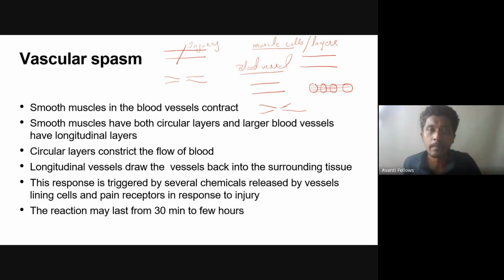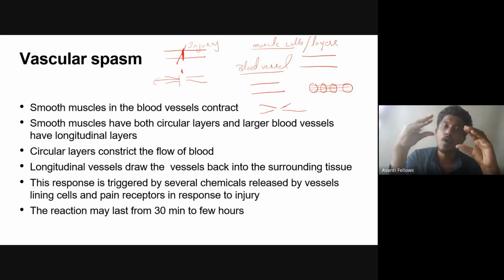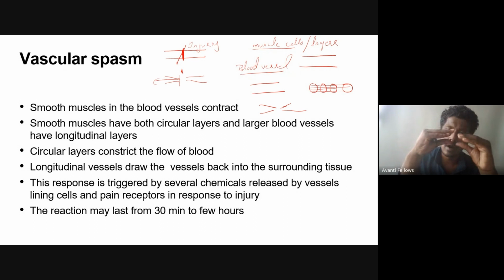Second thing, look here. This was the site of injury. Now look how the blood vessels have moved backward. At the site of injury, the blood vessels move away from the site of injury. So what happens in vascular spasm? One thing is the open blood vessels close. Second, once the blood vessels are damaged, they move away from the injury site.